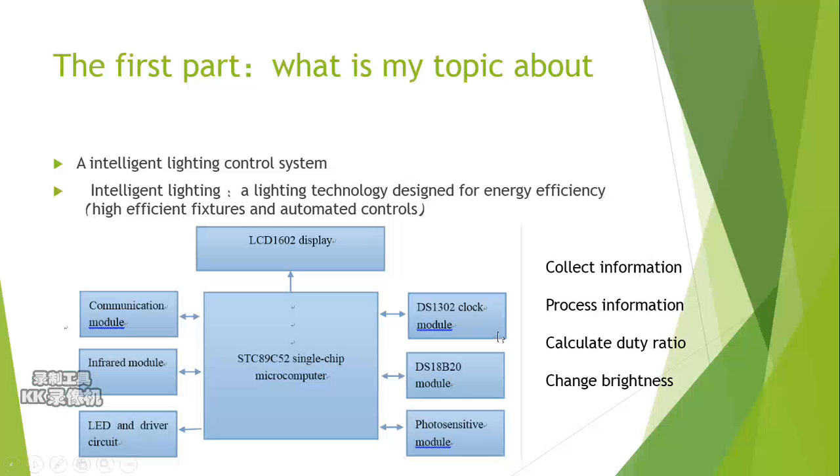Okay, after this part, I think you know what is my topic about. In the work, I want to build an intelligent system which can control the brightness of LED, and this system can save energy for us.